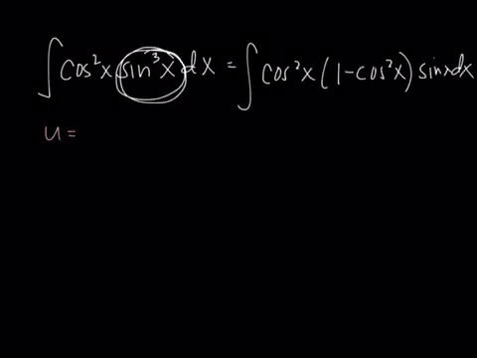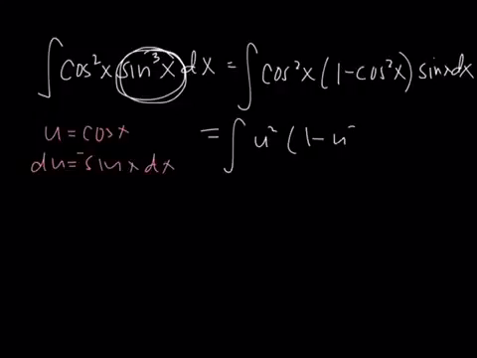Now my u must be cosine of x, so that my du can be sine of x negative dx. And now I have the integral of u squared times 1 minus u squared. There's my du, negative.